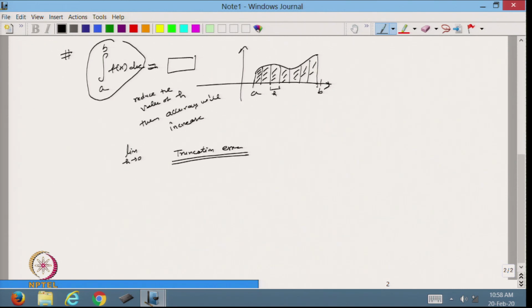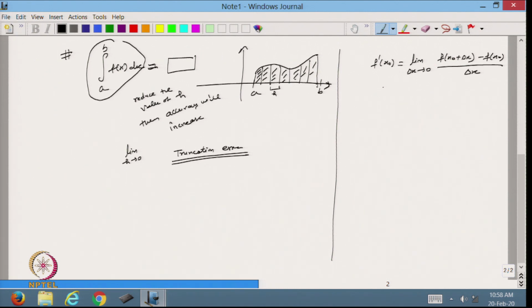Another form of truncation error, maybe I can define: suppose I have a function and I want to define the derivative of the function at x naught. In this case I know that this is the definition of the derivative, f(x naught plus delta x) minus f(x naught) divided by delta x. Now, suppose I am finding the derivative with the help of a computer, with the help of numerical analysis.